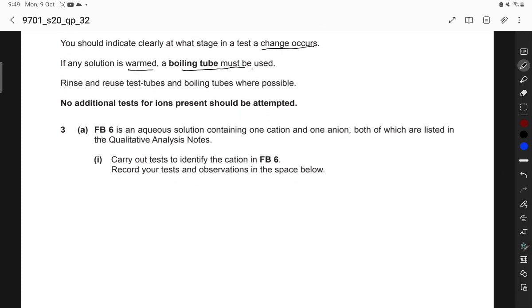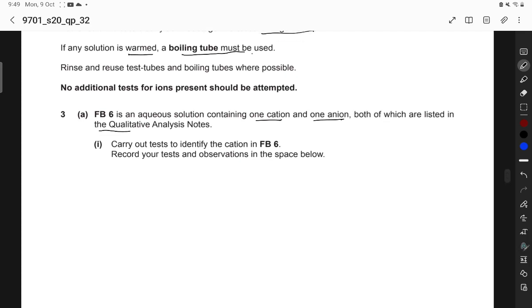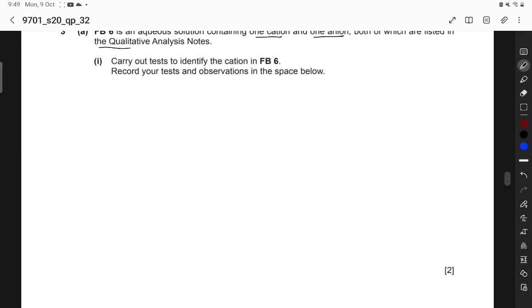Question number 3. FB6 is an aqueous solution containing one cation and one anion, both of which are listed in the qualitative analysis notes. Carry out tests to identify the cation.